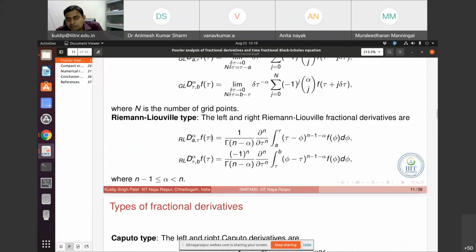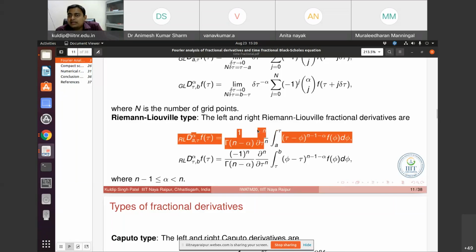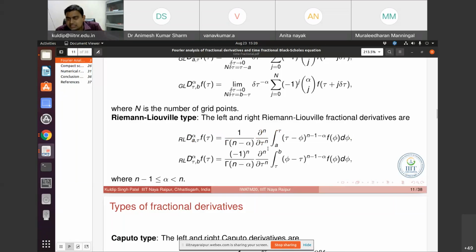That's how they proved that the approximation we get is a second order accurate approximation for the Riemann-Liouville type fractional derivative. All of us know the trapezoidal rule is second order accurate, and finite difference is second order accurate for finding derivatives. This is existing in literature.